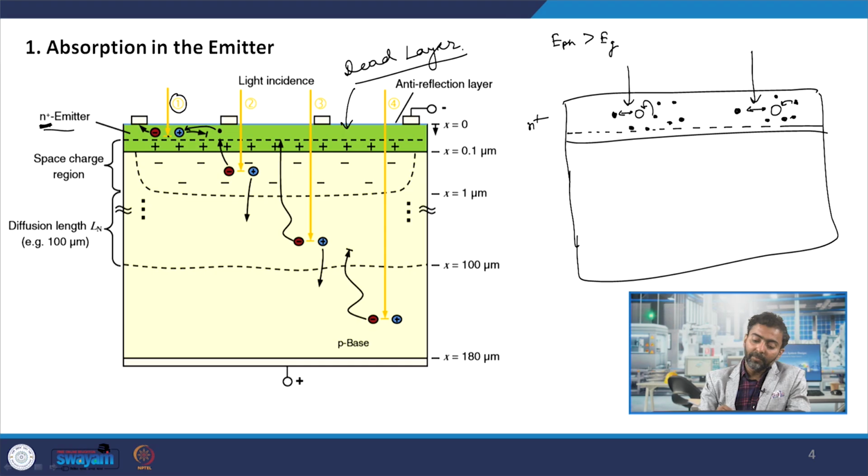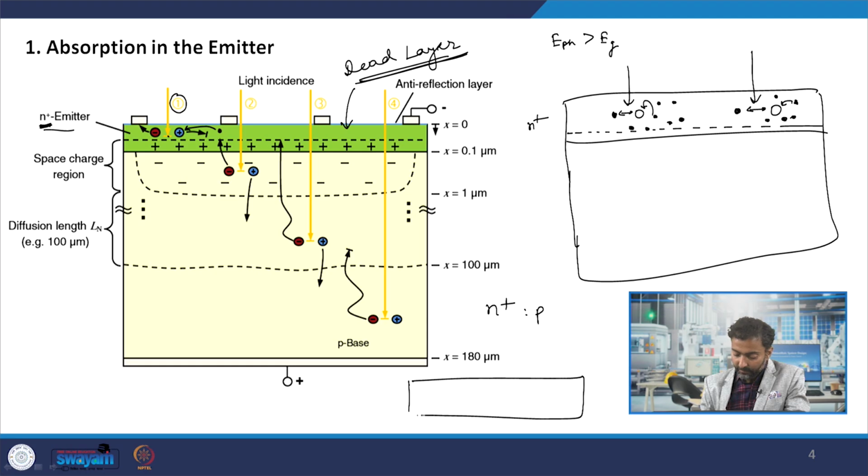So, we would like to minimize the dead layer, we do not want the dead layer to be much larger in scope, and that is why now you can appreciate this heavy n plus doping. If I make this n plus doping very heavy, then what will happen is, with this asymmetric doping, let me just indicate with another diagram here.